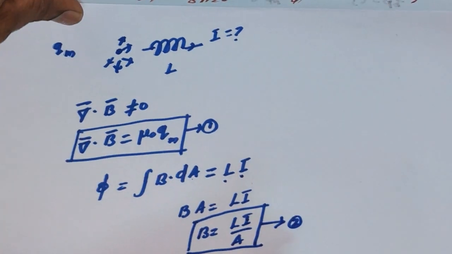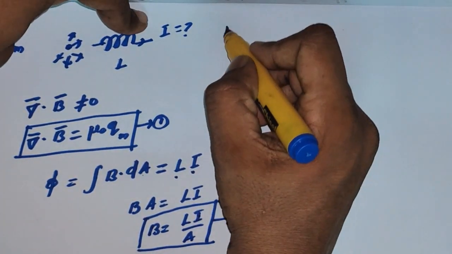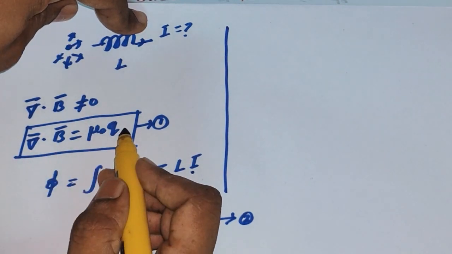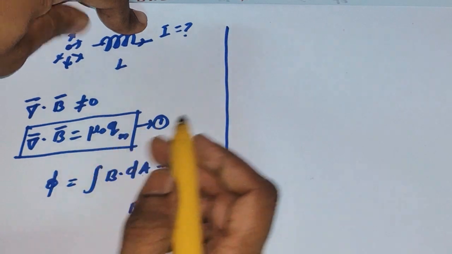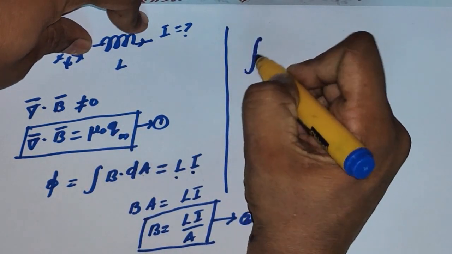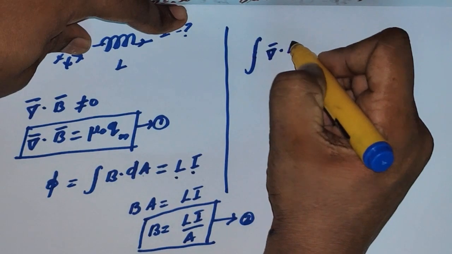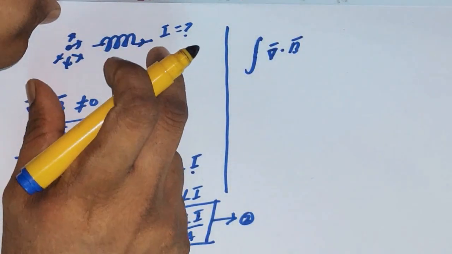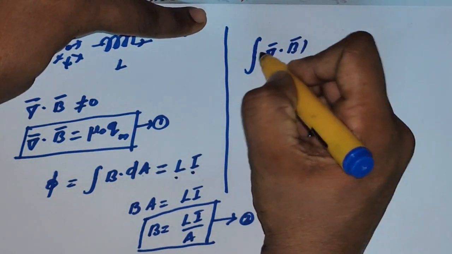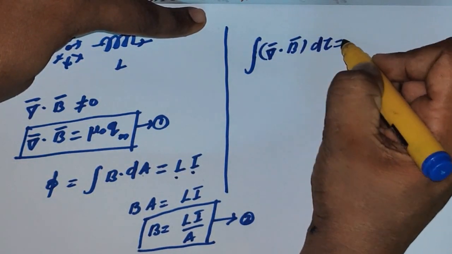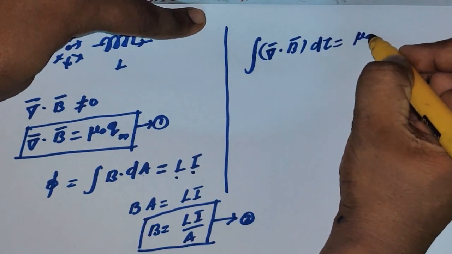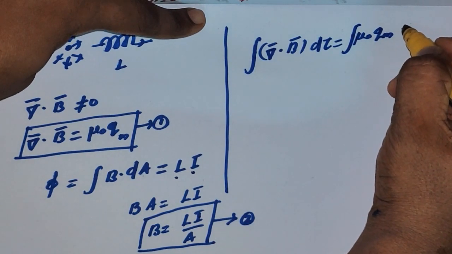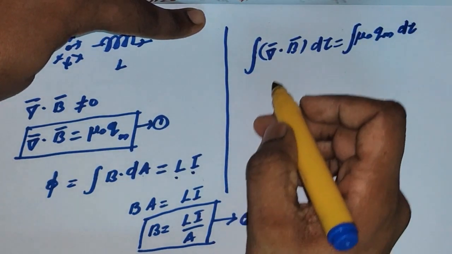Now we have to find B from the Maxwell equation. Take the volume integral of both the left hand side and the right hand side. On the left, the volume integral of the divergence of B over the volume in space equals mu naught QM integrated over the volume d tau.